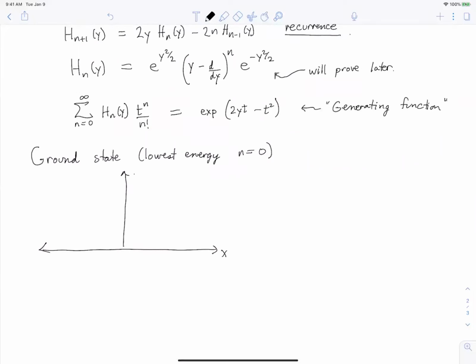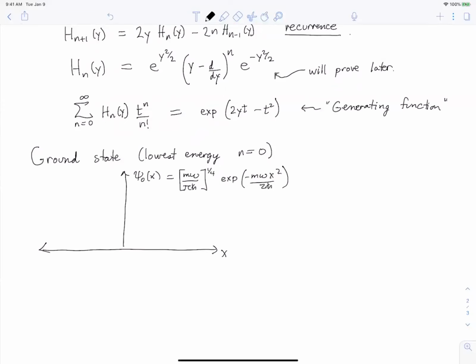Psi 0 of x is (m omega over pi h bar) to the 1/4 times the exponential of minus m omega x squared over 2h bar, plugging in what y is.